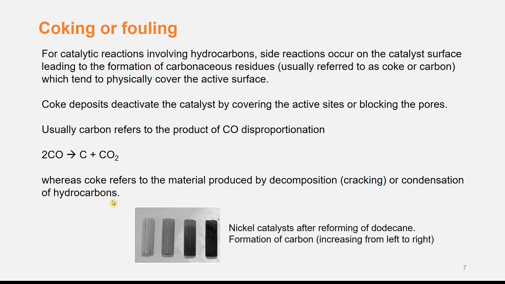So carbon is just carbon, but coke is mostly carbon with some other atoms such as hydrogen, oxygen, nitrogen, and sulfur.